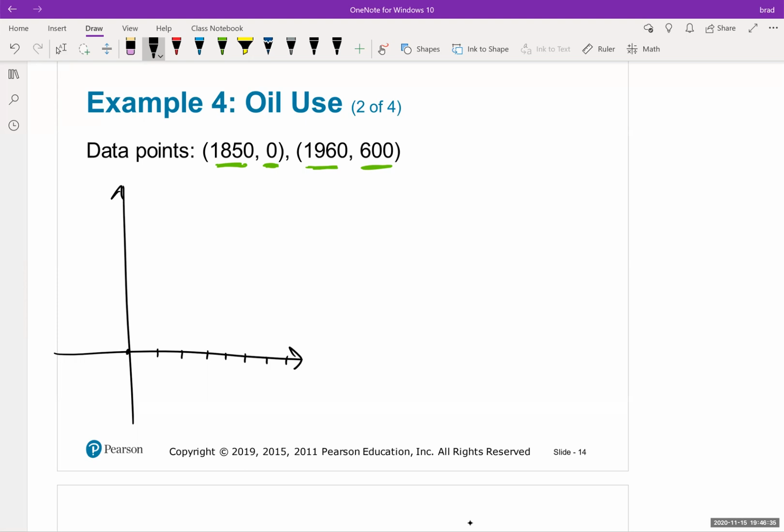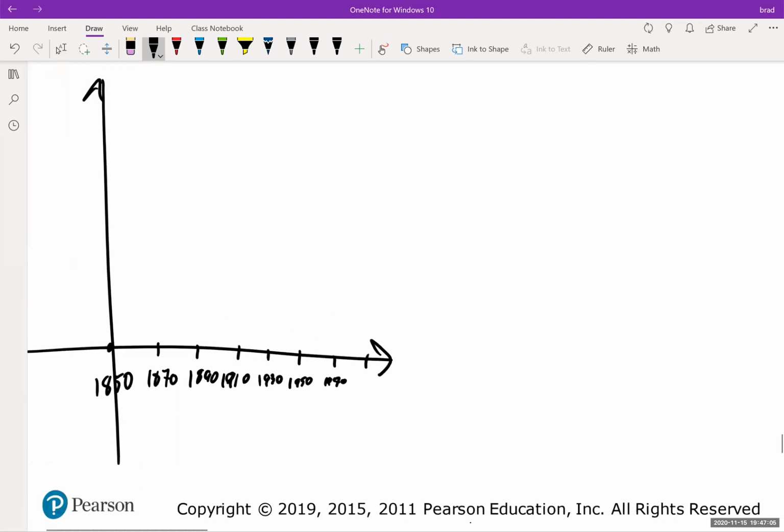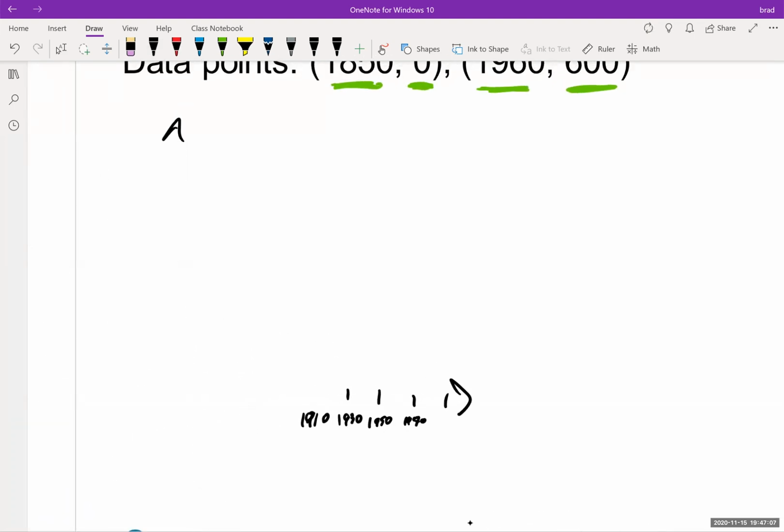So this would be 1850. This would be 19, or let's go by 20s, I guess. 1870, 1890, 1910, 1930. This didn't work quite how I wanted. 1950, and then 1970. You know what, guys? The drawing isn't working quite. I'll do it after I'm done, so I can have a better idea of how I want to number it.